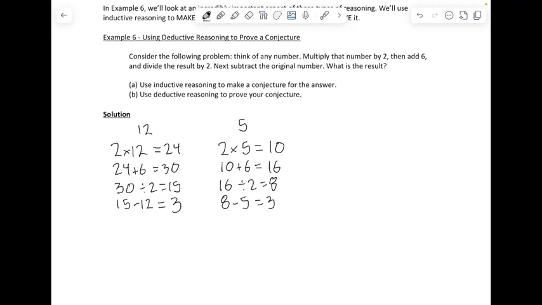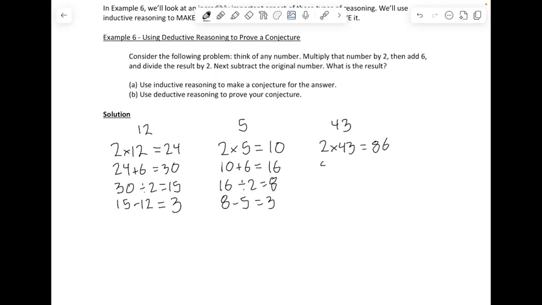So we picked two numbers at random. We went through the steps, and in both cases, we got 3 as our final result. Let's try one more specific case. Let's try 43. Step 1, multiply by 2. 2 times 43 equals 86.